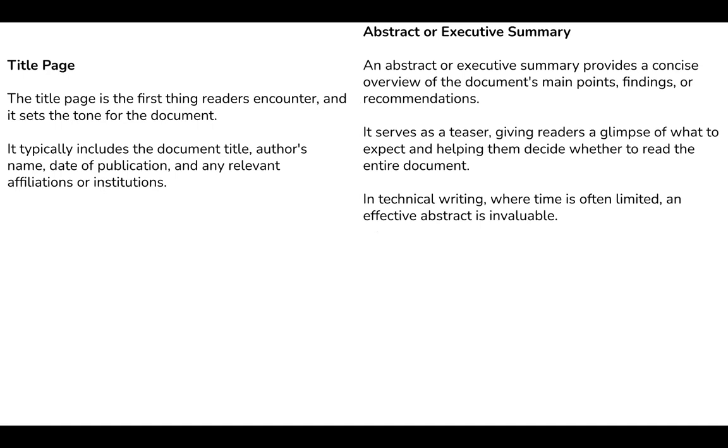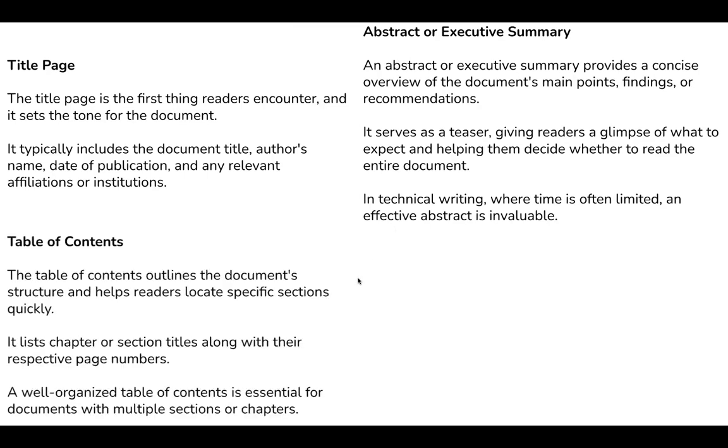Right. So in technical writing, this is very important where you have large documents, like books, whole PDFs, documentations, right?